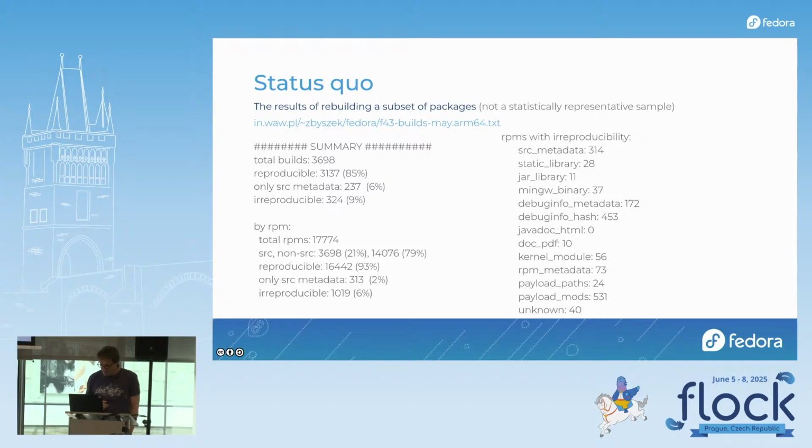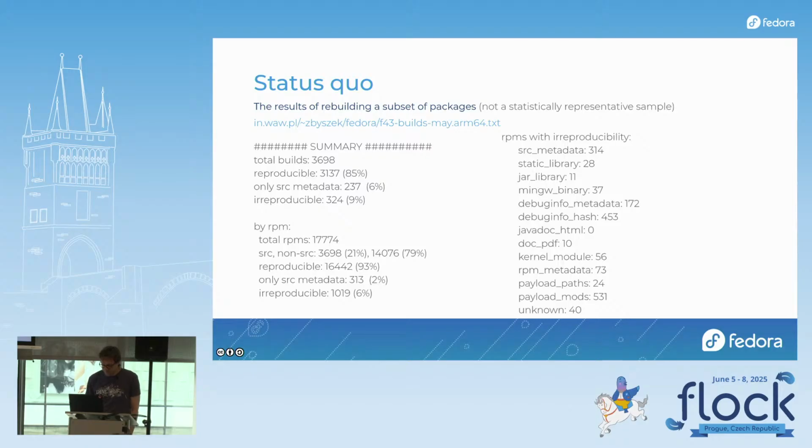RPM metadata 73, this is a case where RPMs have build requires or provides or stuff like that that differs. This is usually a packaging bug in the sense that the RPM metadata is not created in a stable way. Usually it doesn't matter, but it's probably not a good thing.